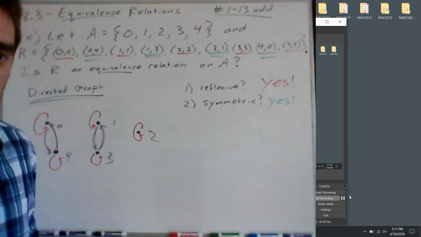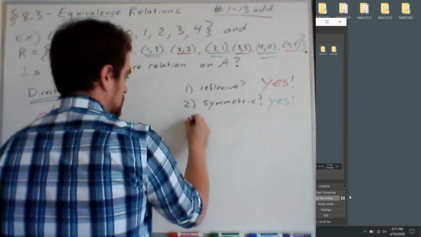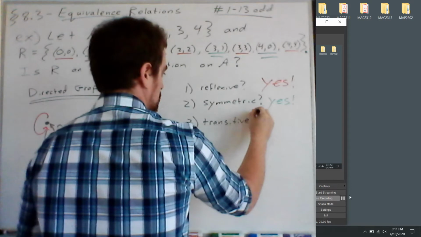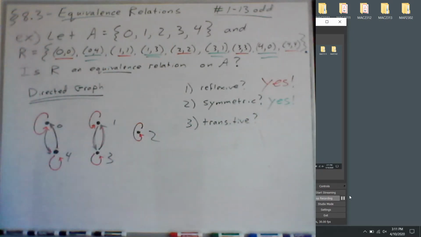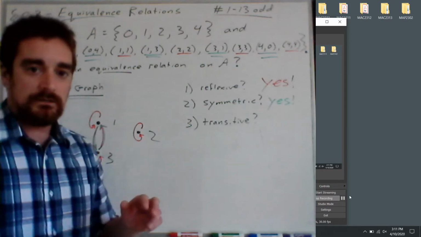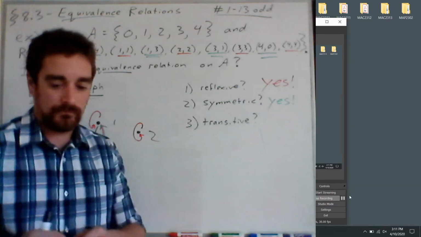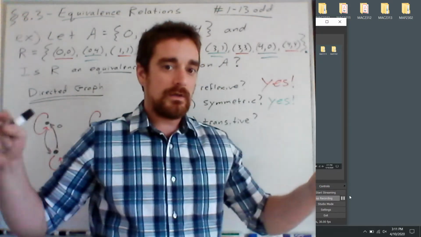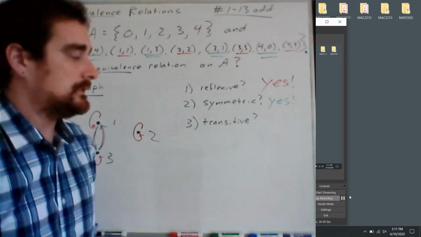Still not an equivalence relation yet. Can't say that yet because we haven't checked the third property. Right? Is it transitive? Transitive property means if you have x, y, and z, if x relates to y and y relates to z, can I make the direct jump from x to z?